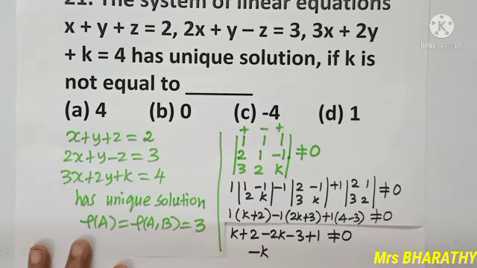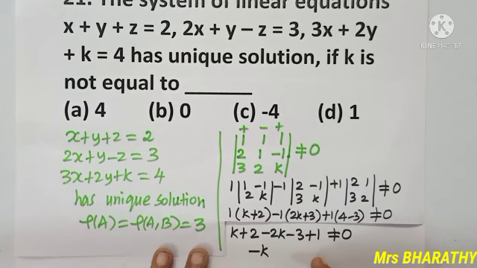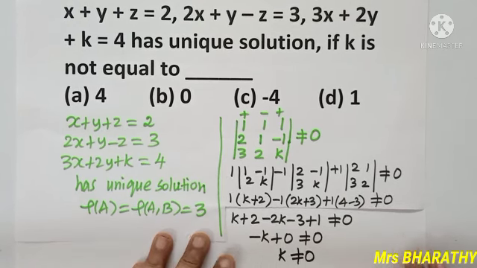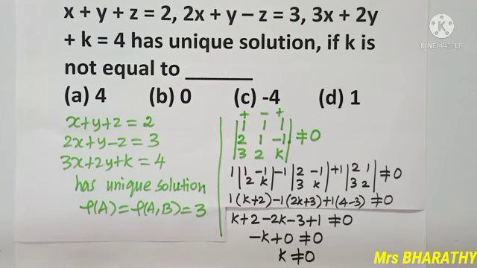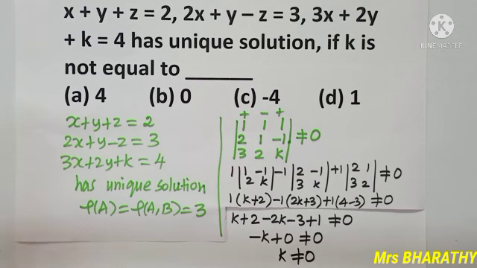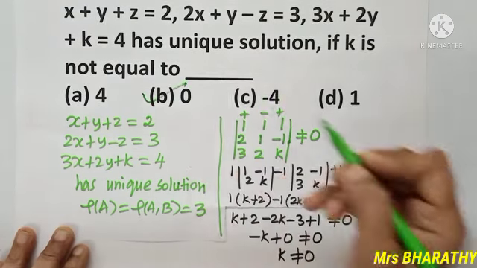As we simplify, k minus 2k is minus k, and 2 minus 3 plus 1 is 0. That is not equal to 0, or simply I will say k is not equal to 0. Out of the 4 options, k not equal to 0 is the right choice.